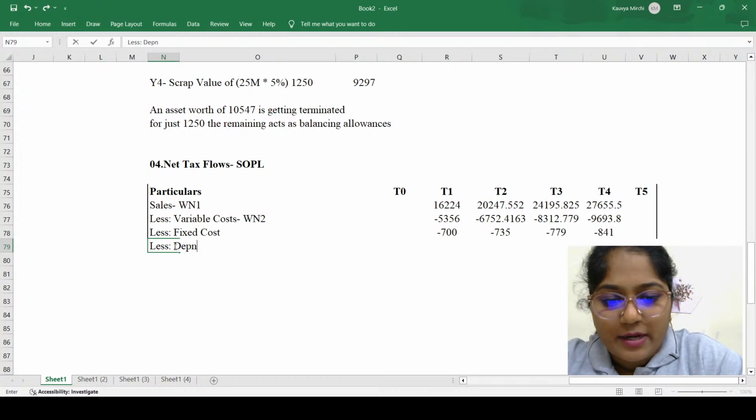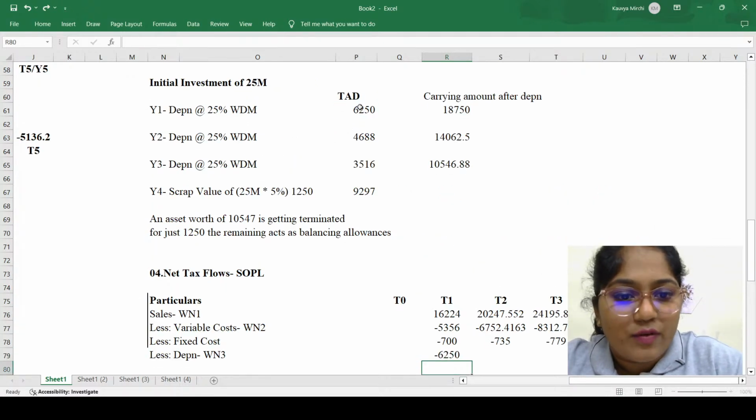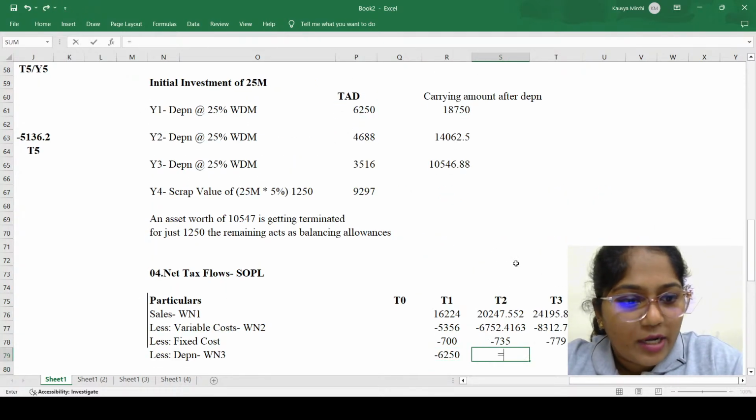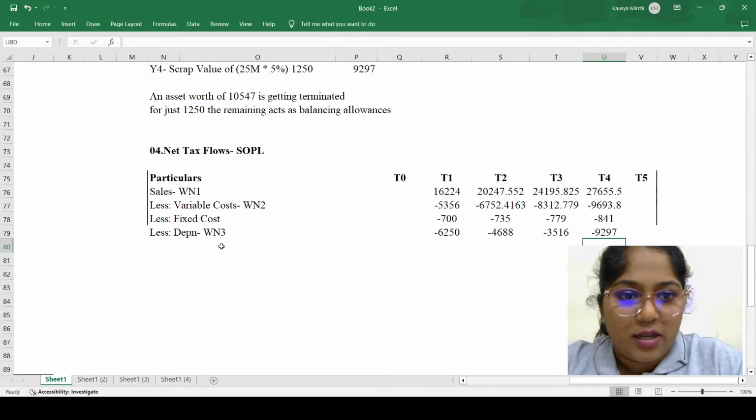This is how I go ahead and do. So now I know in working note number 3 how much my depreciation is. My depreciation I will reduce in the statement of P&L: 6250, and then I'll reduce 4688, and I'll reduce 3516, and then I reduce 9297. These are all the calculations that I do.